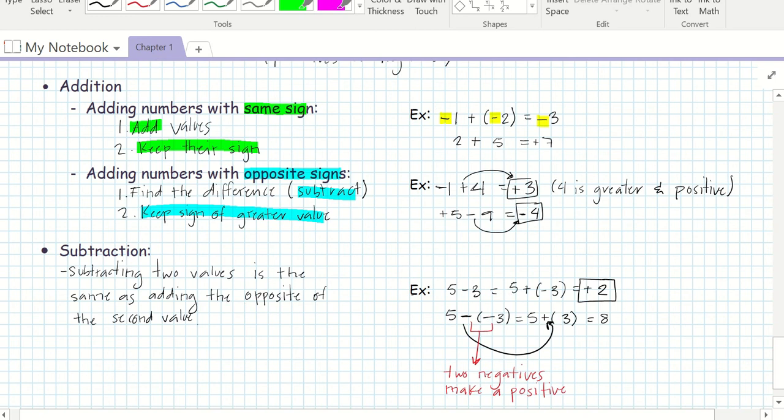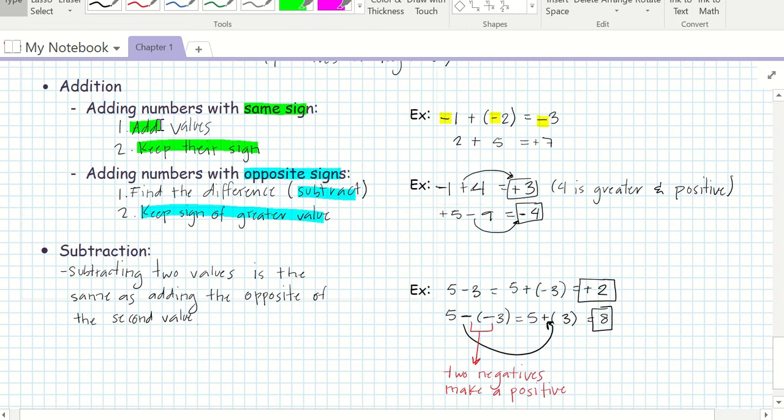Because we're adding the opposite of the second value. So that means that two negatives make a positive, okay? And so that's how we subtract integers, how we subtract real numbers, right? And how we add them as well. So keep in mind these rules.